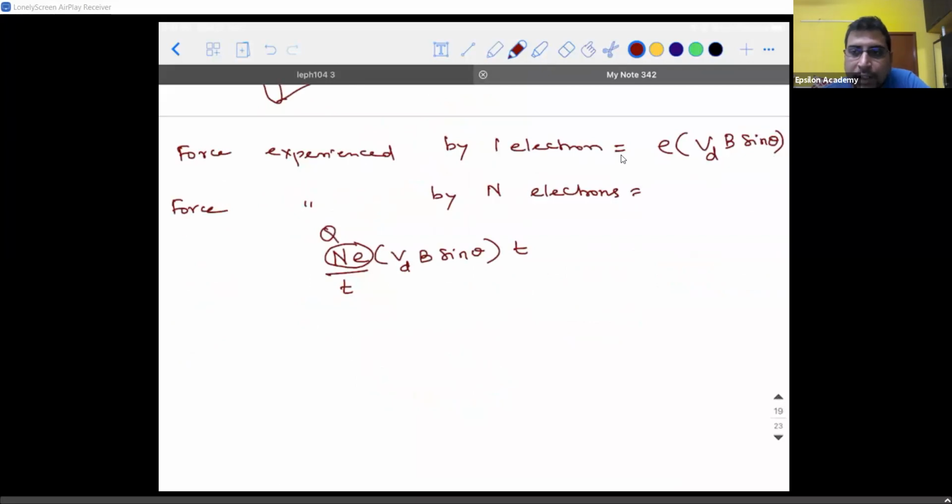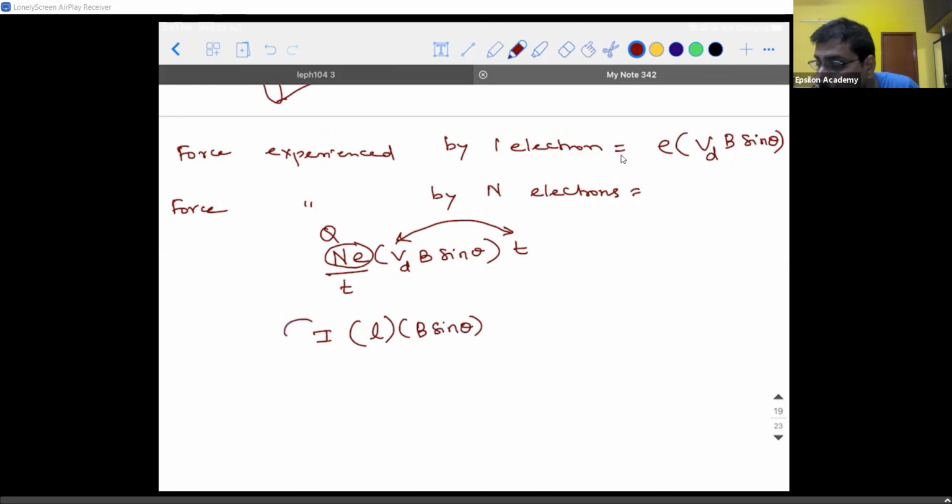What is this Q divided by T called? Can I call it current into, what can I call this, Vd into T? Distance into velocity into time is nothing but the distance into d sine theta, right?